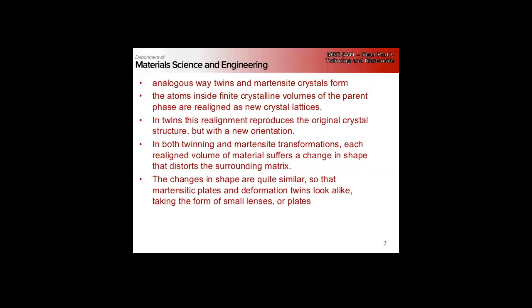We maintain our same crystal structure, whereas in martensite, we have a similar shear, but we also have the change of shape, and we also transform to a new crystal structure, right?